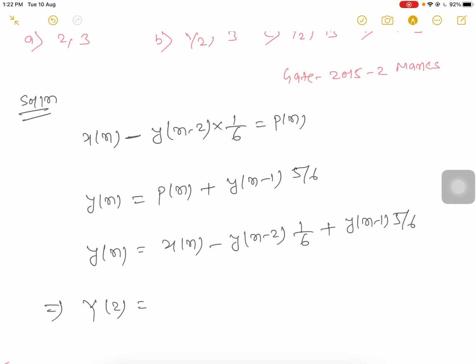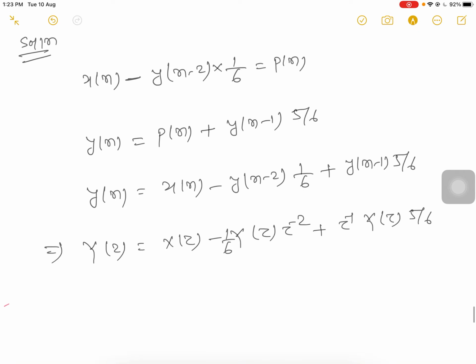Okay, then take the z transform. Y(z) is equal to X(z) minus Y(z) z to the power minus 2 times 1/6 plus z inverse Y(z) times 5/6.